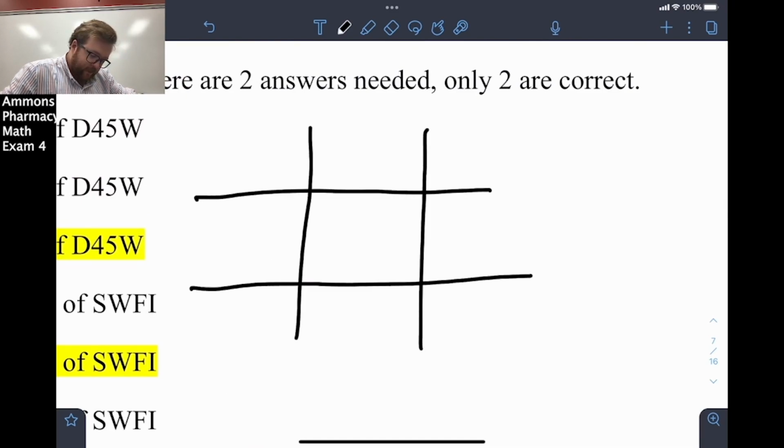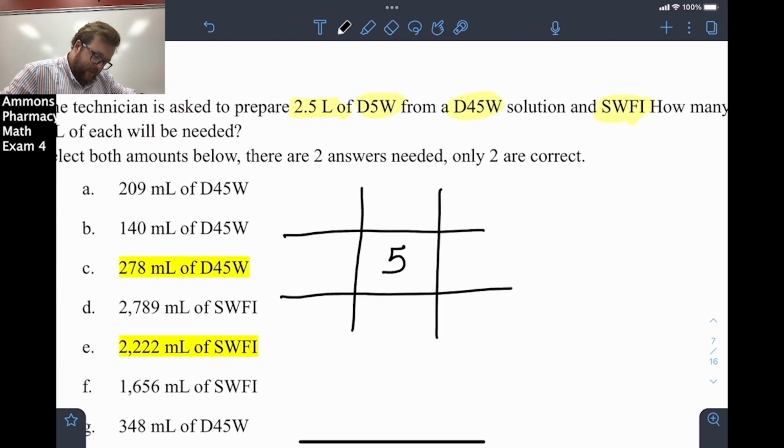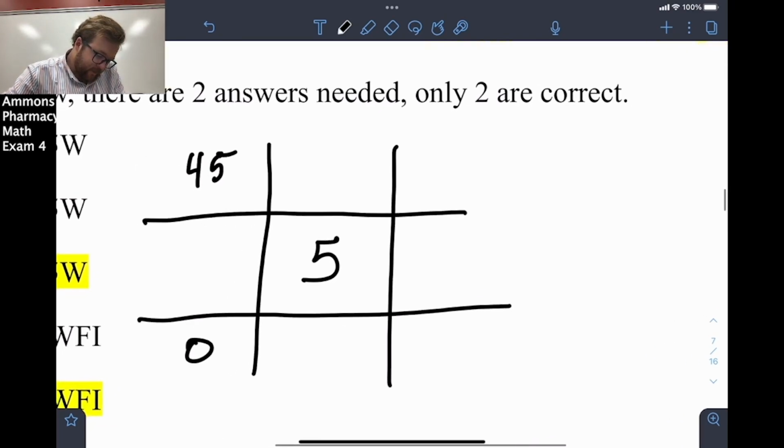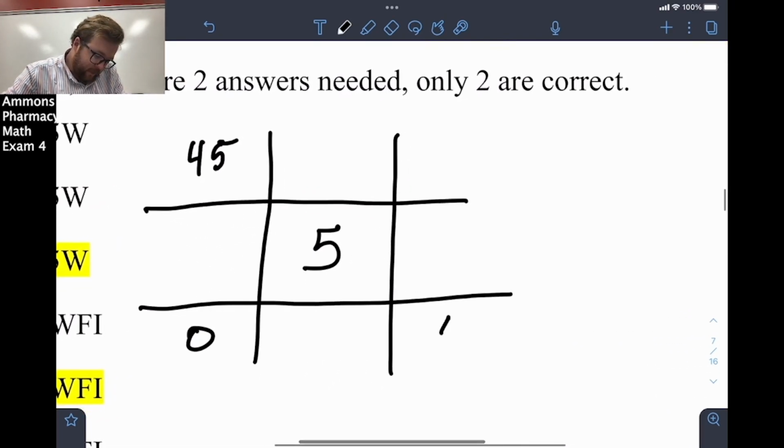So what goes in the center of my alligation? It's a 5. What goes in the top? It goes 45. And because it's SWFI, that means water, and that's 0. So 45 minus 5 is 40, and then 5 minus 0 is 5, and then you add those up, that's 45.